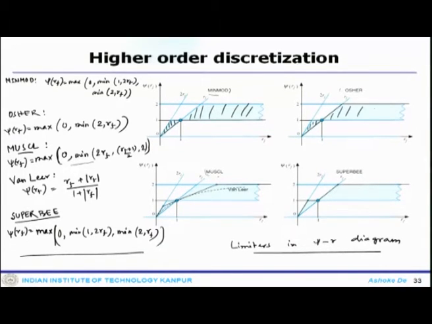Now, once you find out this psi r relationship, one can actually form this higher order TVD based scheme, which is going to be monotonicity preserving, and we have seen what the limiters are for that.